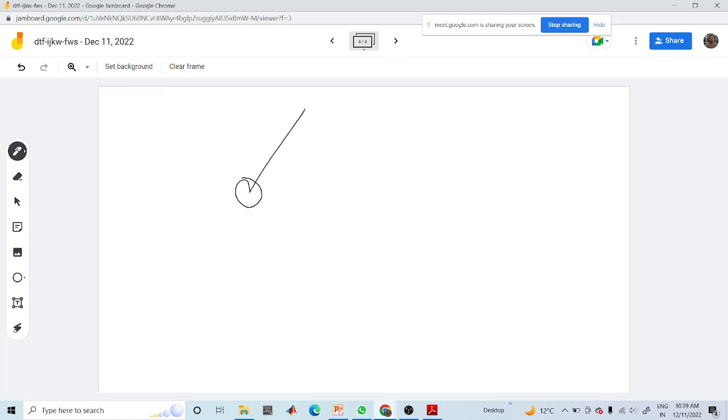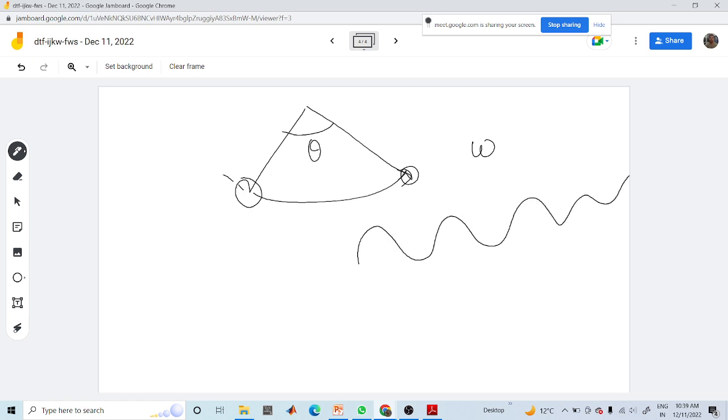Suppose we have a pendulum oscillating like that, making an angle theta. In this condition also we calculate omega. Suppose we have a sinusoidal wave.